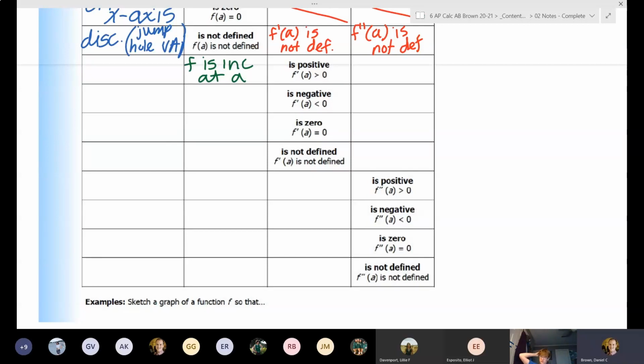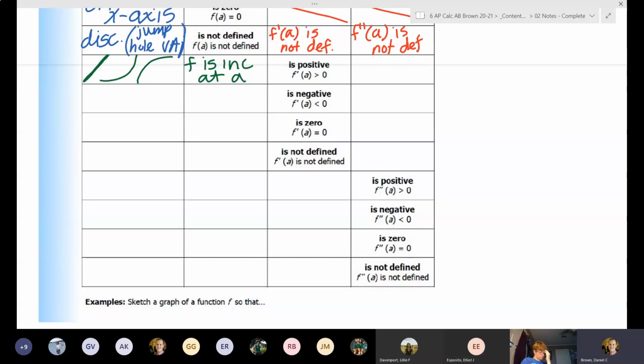You can have a graph that increases linearly, like it could be steeper or flatter, but it can increase in a straight line. You can have a graph that increases and bends upward, like an exponential. Or you can have a graph that increases and bends the other way, like maybe a square root function or a log function. But those are really the only 3 ways that a graph could increase. You can change the steepness of it, but either it's going to be flat, it's going to bend one way, or it's going to bend the other way.